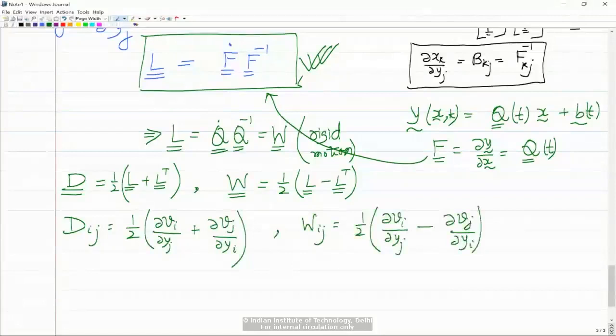Right? I think all of you will agree with this. And I will show you later on that it's the D part which figures in the rate of strain. Okay, this is also called rate of deformation tensor.